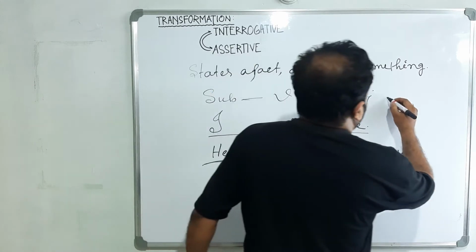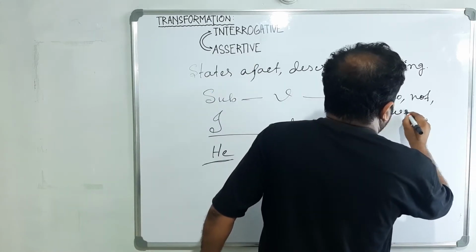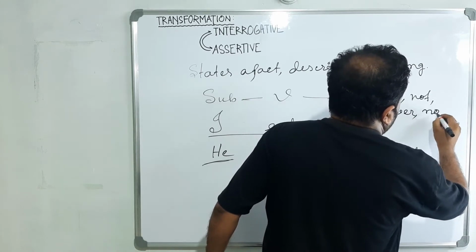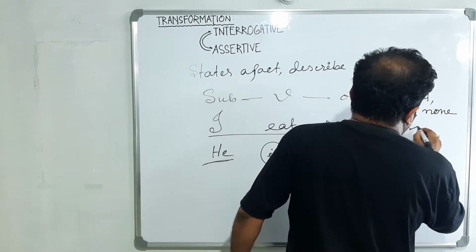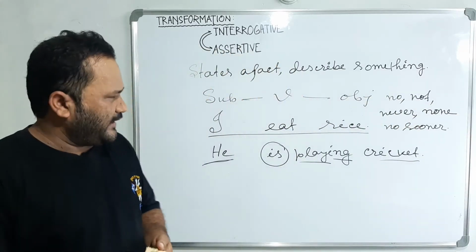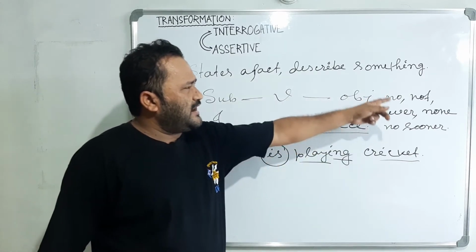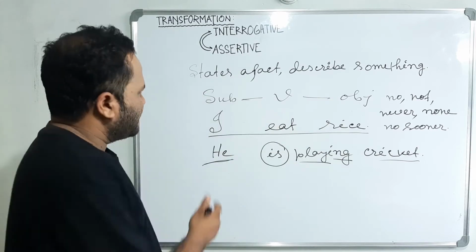We know no, not, never, none, and no sooner. These are the negative words. Okay. So, if we use any one of these negative words, then it is a negative sentence.